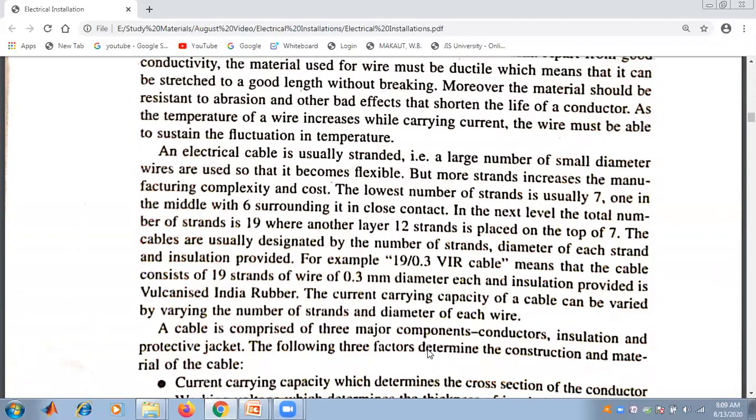A cable is comprised of three major components: conductors, insulation, and protective jacket.